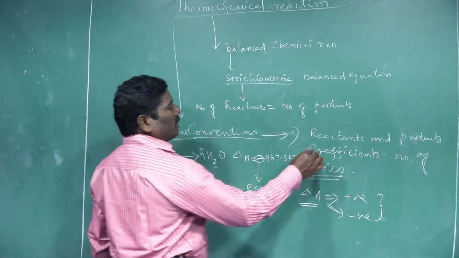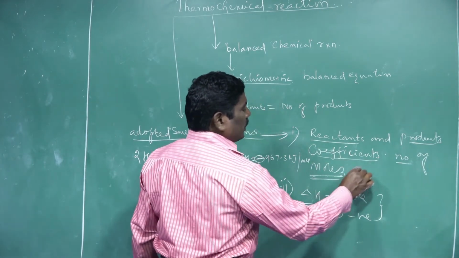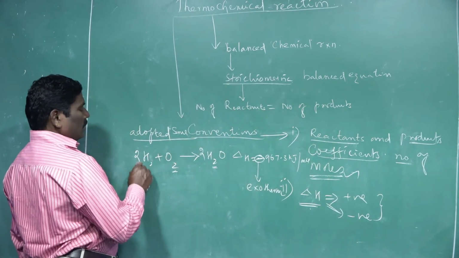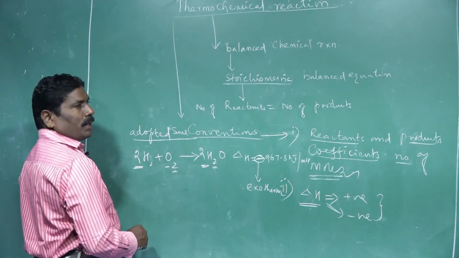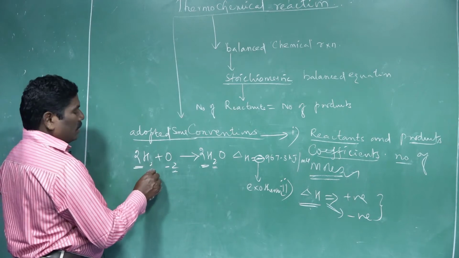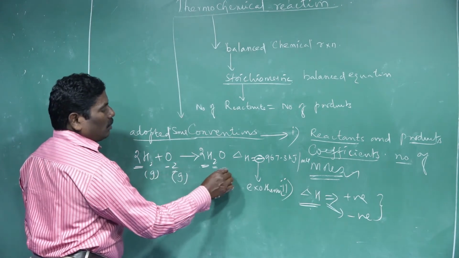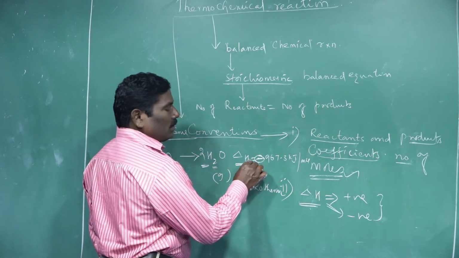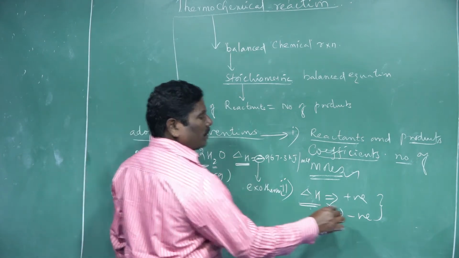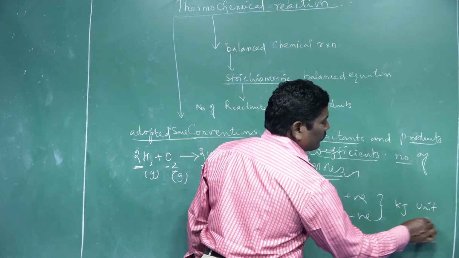The first point stated is that the reactants, products and coefficients are represented as number of moles. You see here 2 moles of hydrogen, 1 mole of oxygen, 2 moles of water. All these molecules are gaseous. The delta H value is the enthalpy, represented in kilojoules, which is its unit.